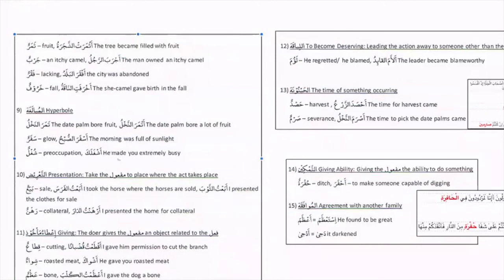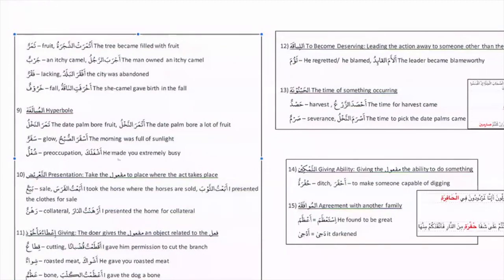Then we have number 11, i'ta' ma'khudh, like giving. The doer gives the maf'ul an object related to the fail. For example, qat'un means cutting, but if I say aqta'tu qudban, it means I gave him permission to cut the branch.